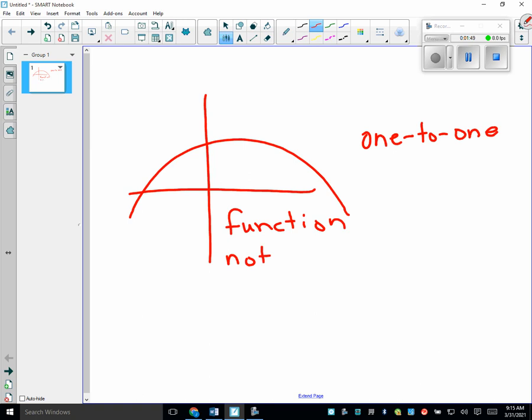No. Not 1-to-1. So what you're going to do first today is look at a graph and tell me, is it a 1-to-1 function? That's all you're going to do first.